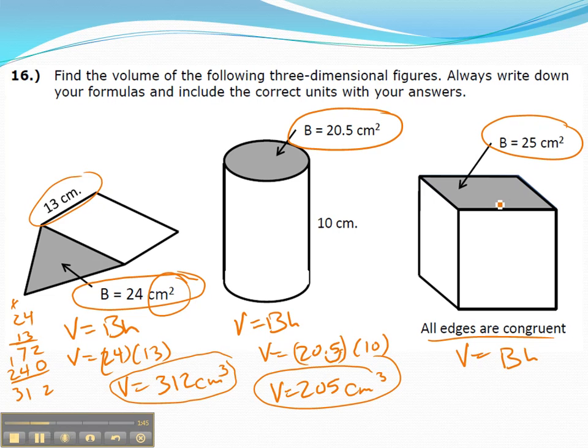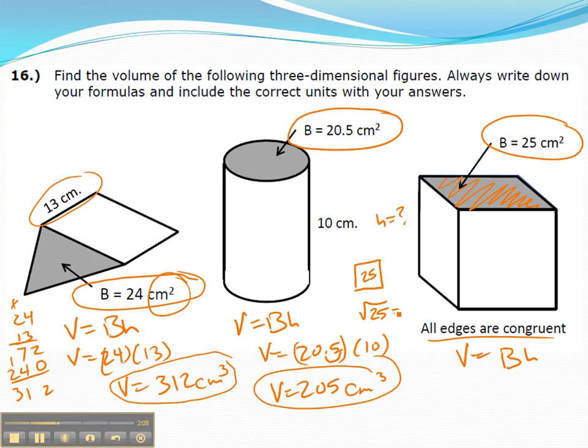This last one's a little bit trickier. It didn't give us the height, we don't know the height, but it says all edges are congruent. So if all edges are congruent, that means this base is a square. So this square has an area of 25. You can find the side length by taking the square root of the area.